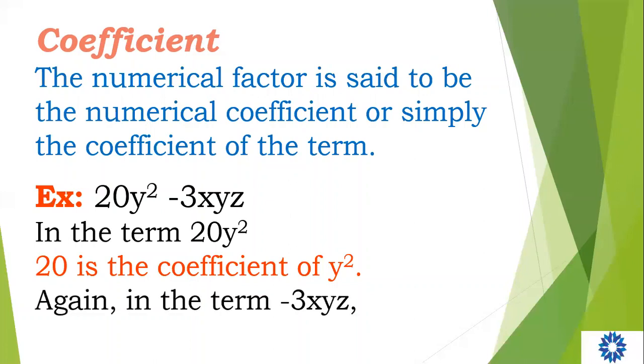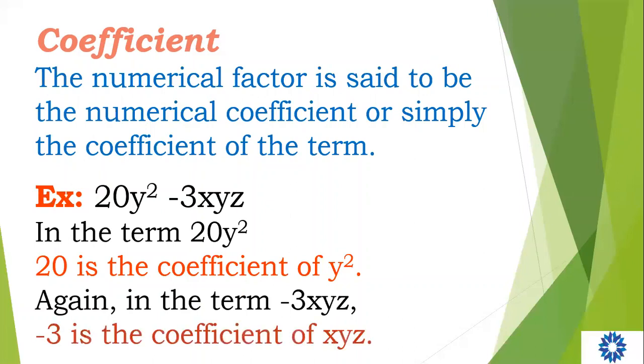Again, in the term minus 3xyz, minus 3 is the coefficient of xyz. If you observe here, in 20y square, the coefficient of y square is the remaining part, 20. In minus 3xyz, minus 3 is the coefficient of xyz.